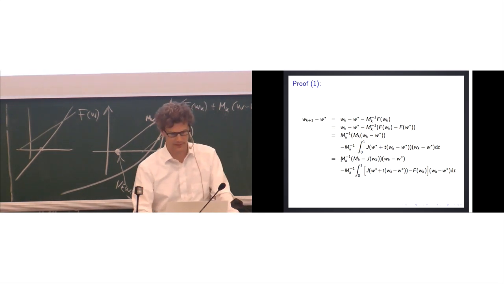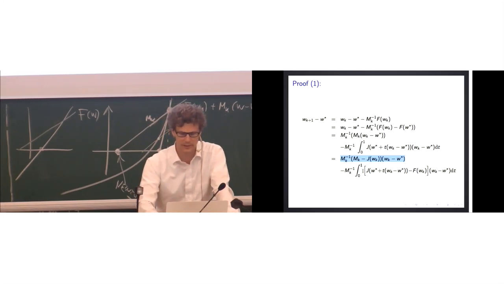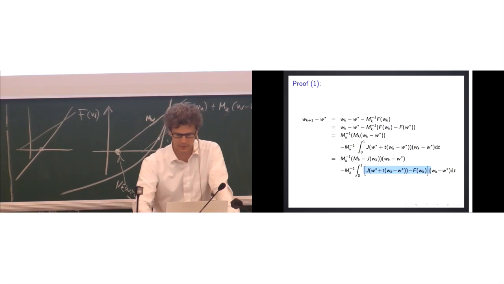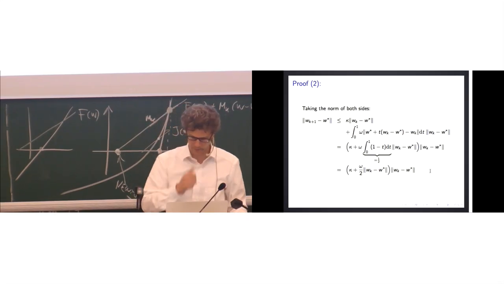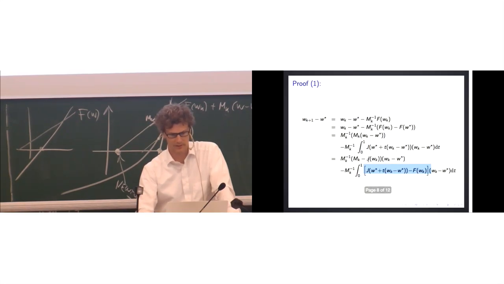So now you have one expression of which you can use our bound, and another expression for which you can also use our bound. And that's what we will do. Taking the norm on both sides will give you that the distance between the new point and the solution will be bounded by kappa times the distance. That's the first term, so it's this term here.